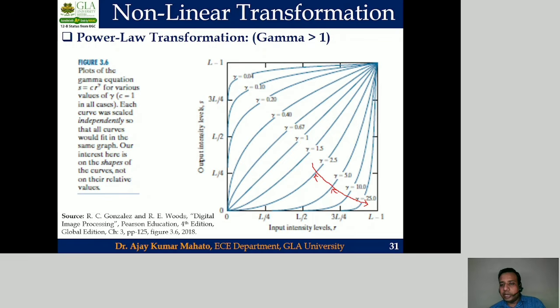So as we increase the gamma values from 2.5, 5.0, 10 and 25, gradually our curve is shifting towards the right direction, and as a result we will get a darker image output. So the conclusion here is, if the gamma value increases, our image becomes darker and darker.